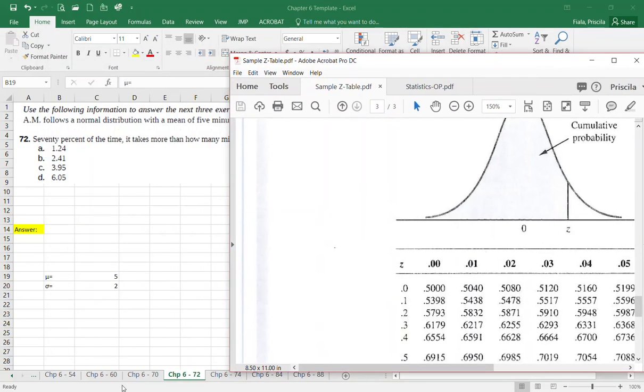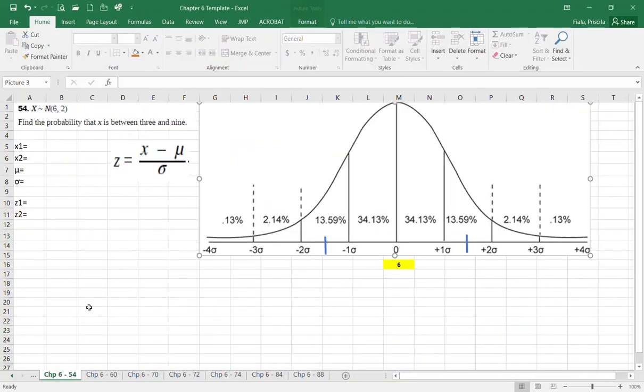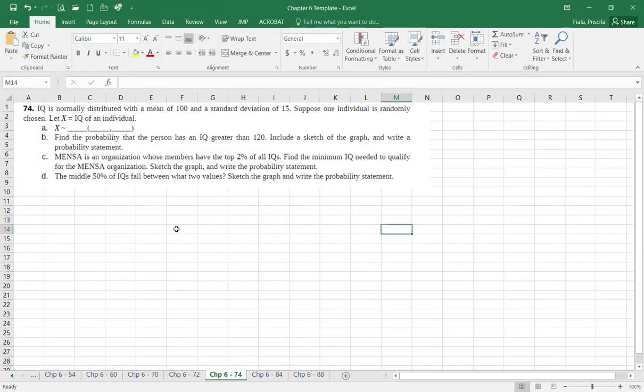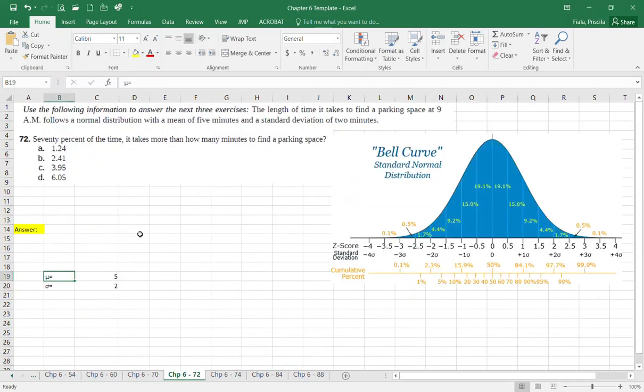You're still going to be using this formula to answer 72, but you're just going to have to turn things the other way around, and I'm going to show you. Right here, 70% of the time. This is 50%, right? And then 20% more is about here. You would expect to find a z-score of about half, or 70% is going to be right here.